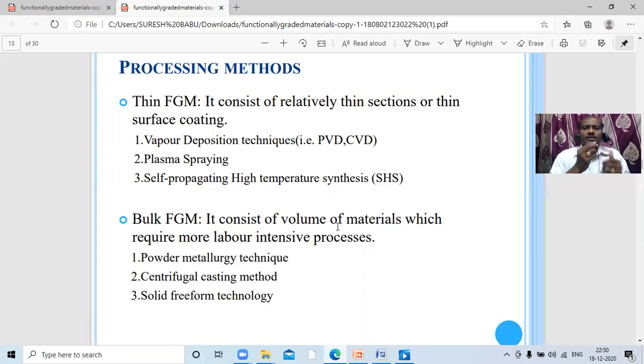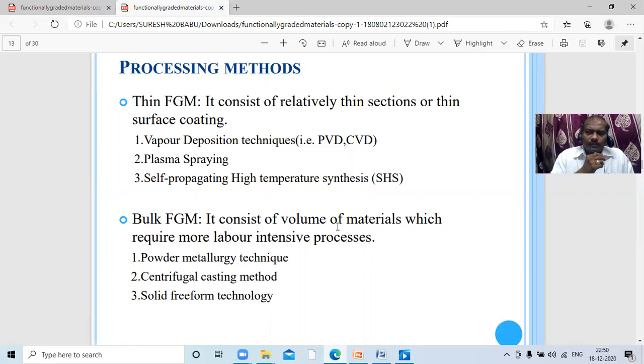So students, till now I have explained the following summary. Let me have a glance at that one. First, I have explained why FGMs are needed. Explained the definition of an FGM. Explained the properties of FGM.